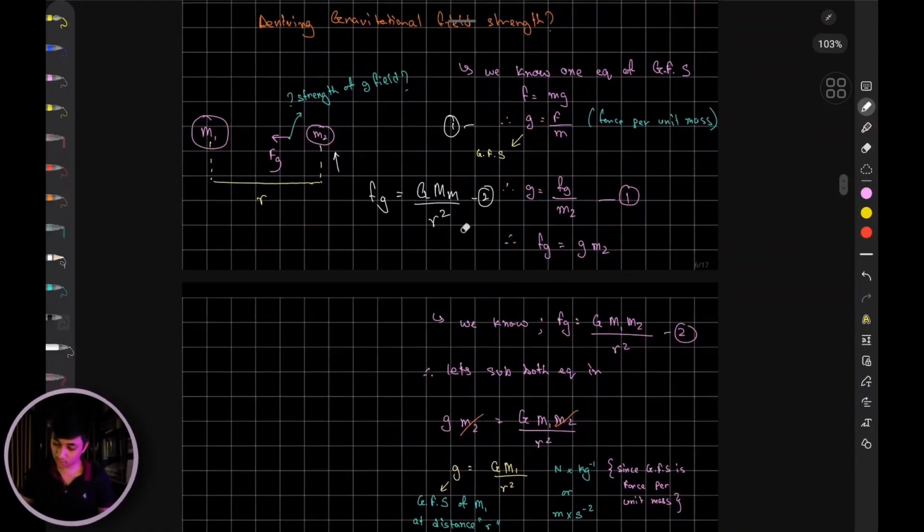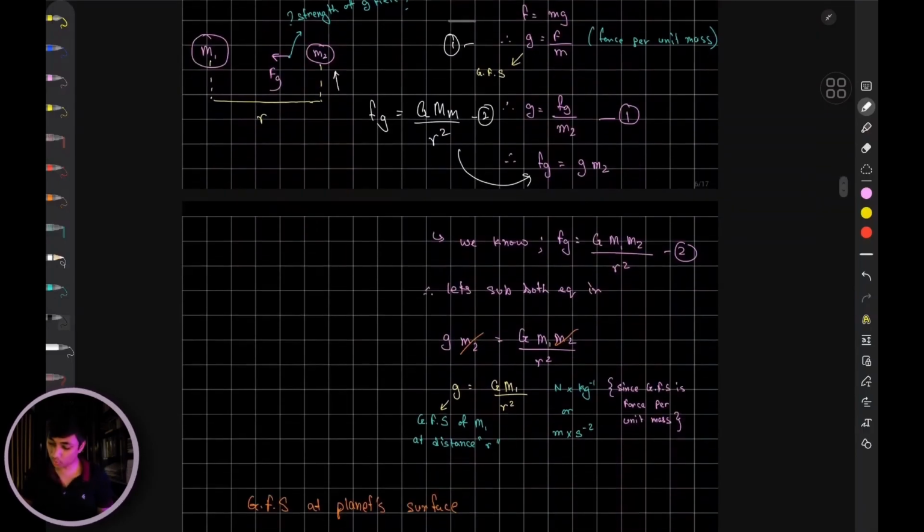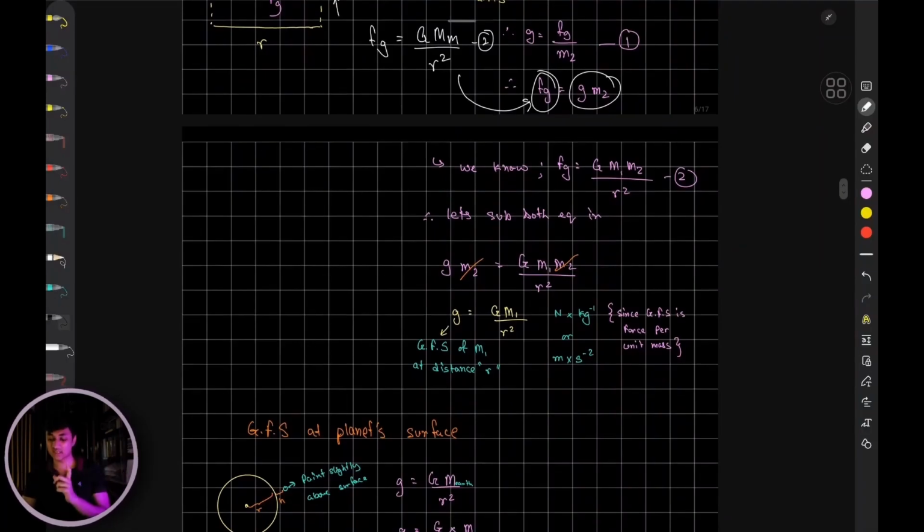So now you'll equate equation 2 in this part. Now what you're going to get is g m2 is equal to Fg, G m1 m2 by r square. So you have equated the two force formulas known to you, and what you get at the end of the day is the formula for gravitational field strength, G m1 by r square.